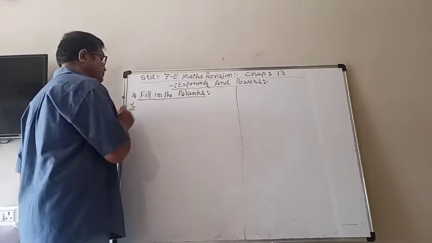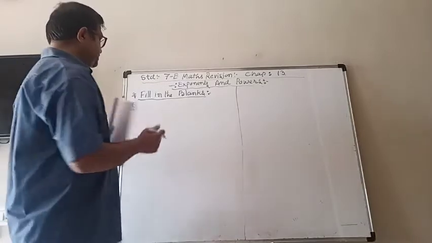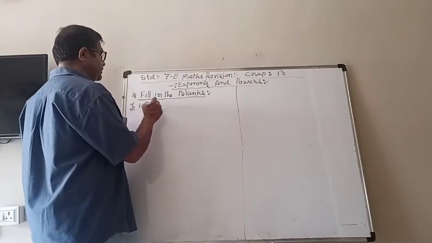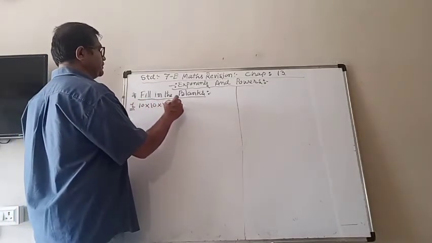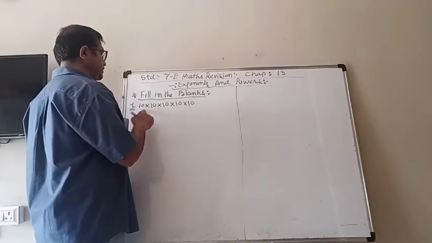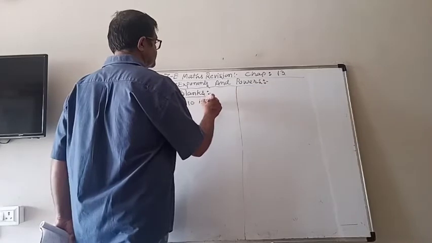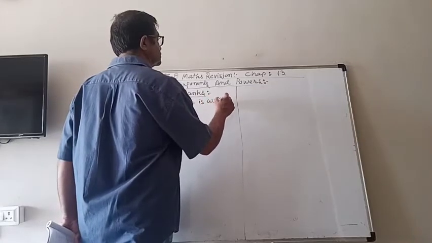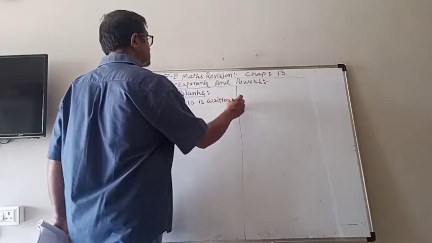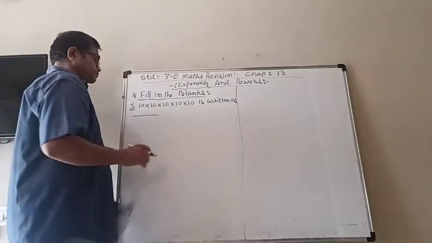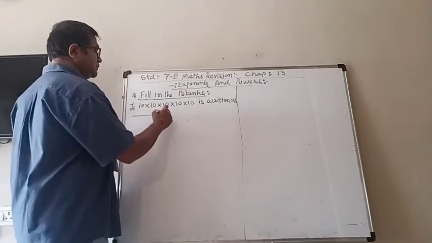First one, 10 multiplied by 10 multiplied by 10 multiplied by 10 multiplied by 10 is written as blank in the power form.